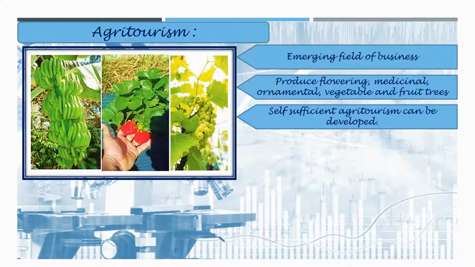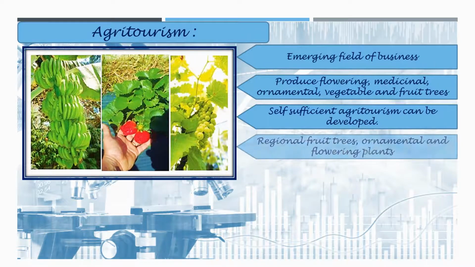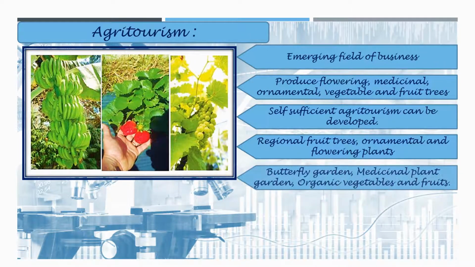Now, some units developed at an agritourism center are regional fruit trees such as mango, chiku, guava, coconut, custard apple, etc. Then shade-giving local or exotic attractive plants, ornamental and flowering plants, then butterfly garden, medicinal plant garden, organic vegetables and fruits.